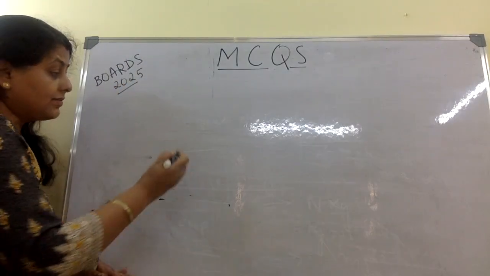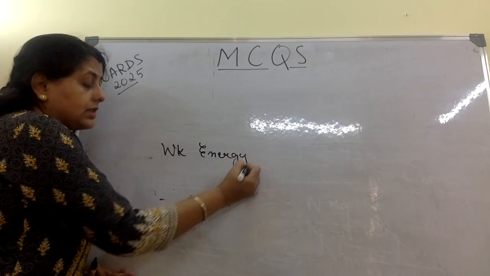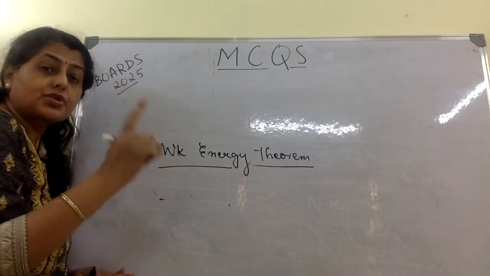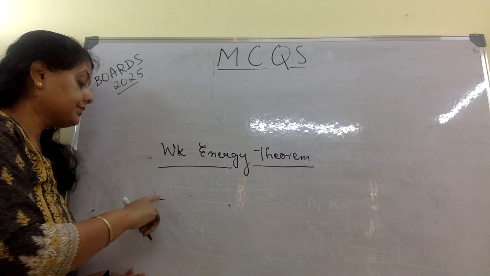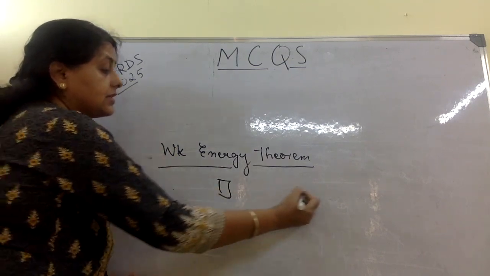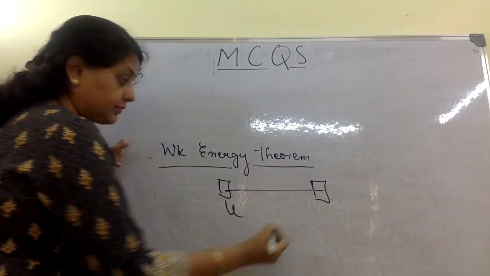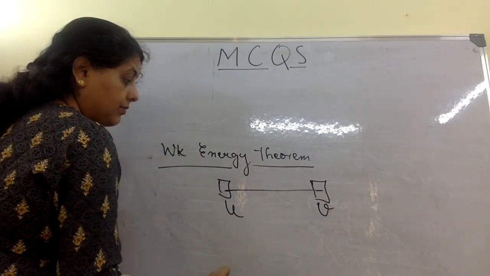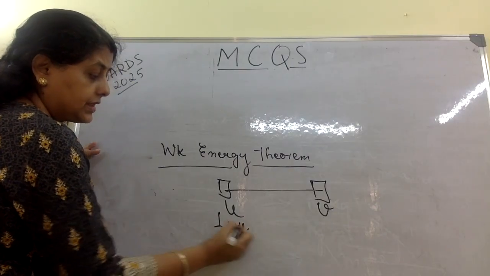There's something called the work energy theorem. This theorem actually makes your sum simpler. I have done a sum based on this in my work power energy video. The work energy theorem simply says if a body is here and it has been moved here, it had a velocity of u here and got a velocity of v here, how much work has been done? The mass of the body is m.